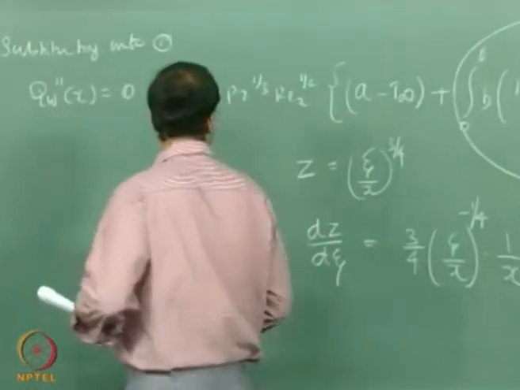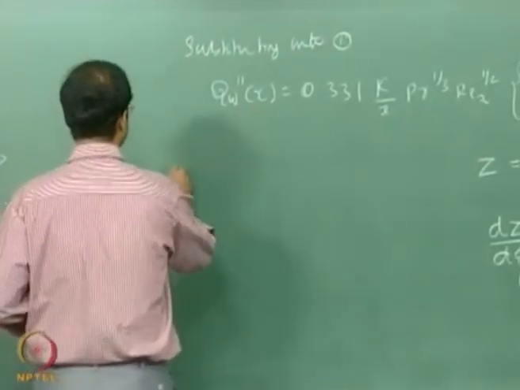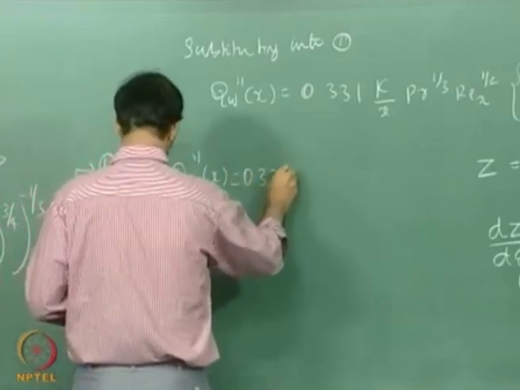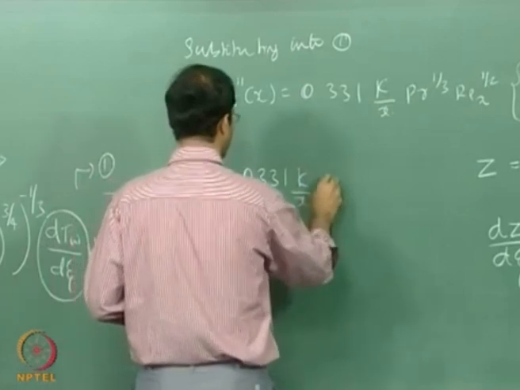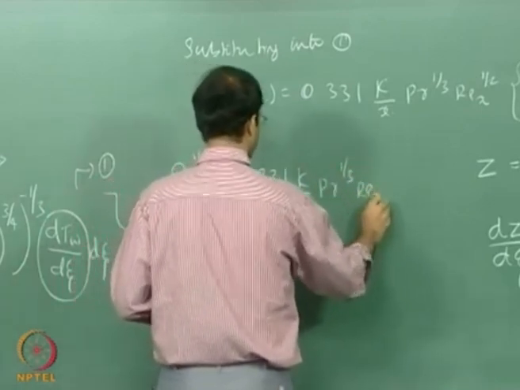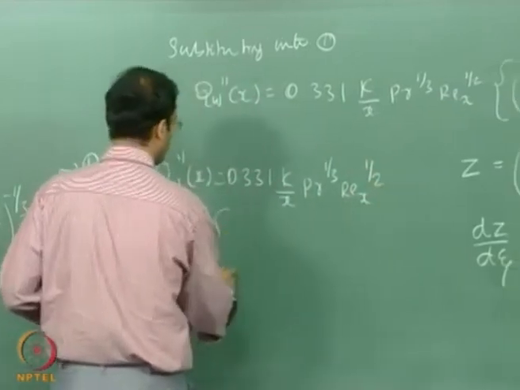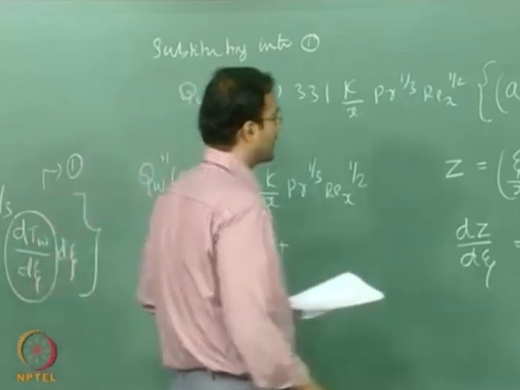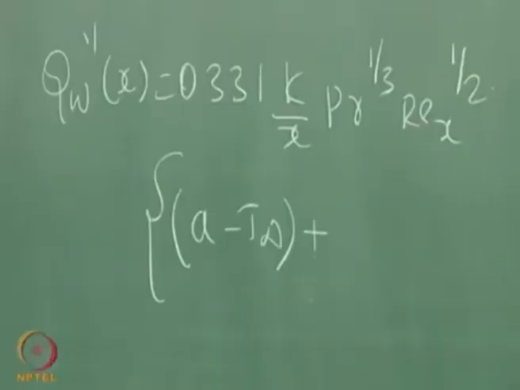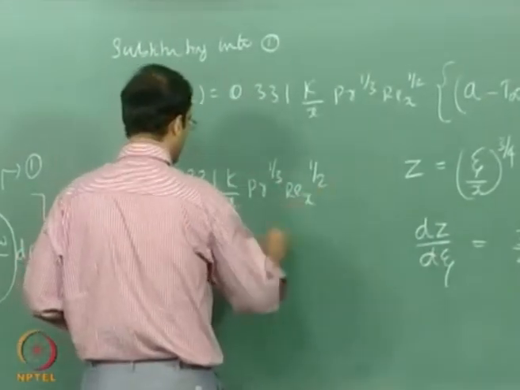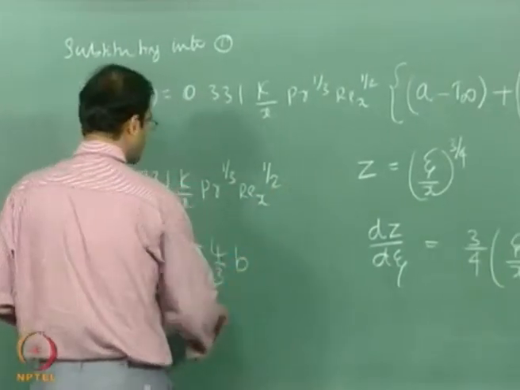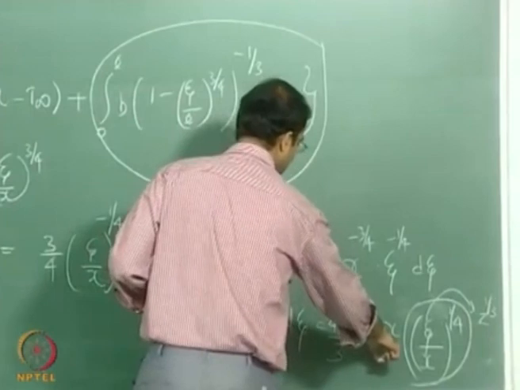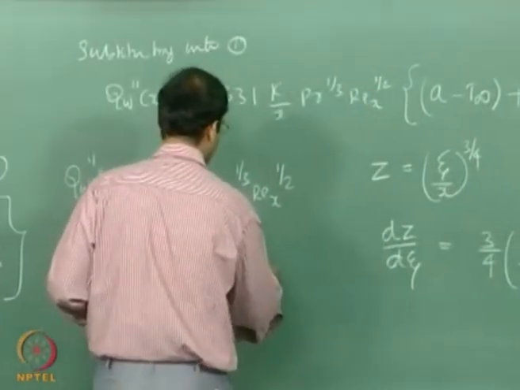So if I substitute into this expression, 0.331 a by x Pr to the power 1 by 3 Re x to the power half, so you have A minus t infinity plus... I am substituting for d zeta, so 4 by 3 is constant, b is a constant, I can take out, and inside the integral this is integrated with respect to dz, therefore x can also be taken out of the integral.